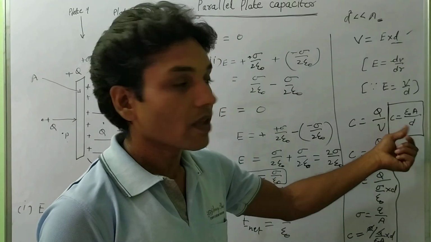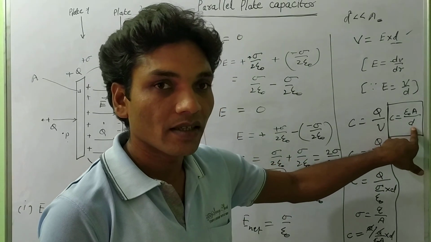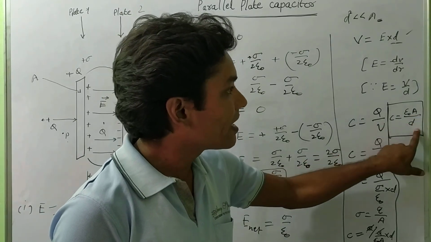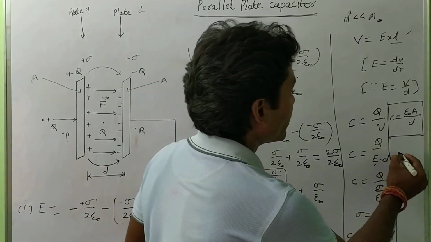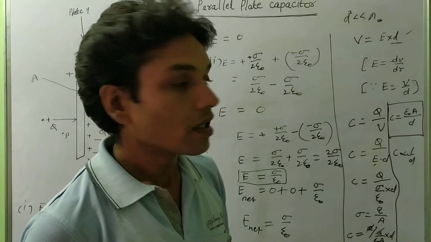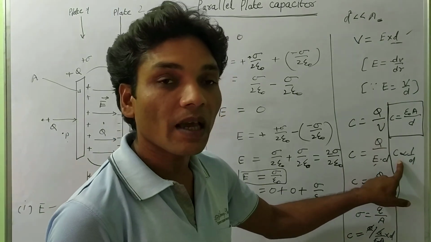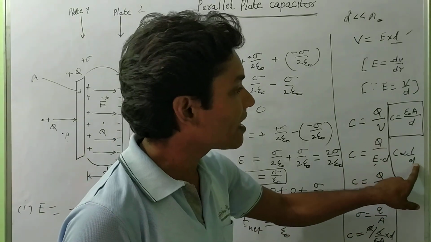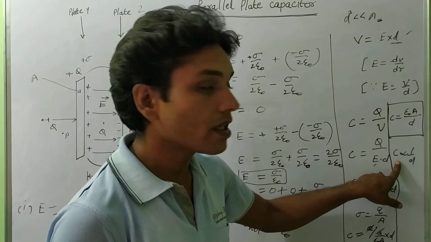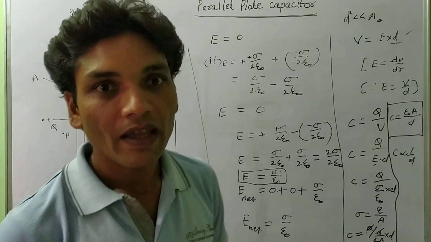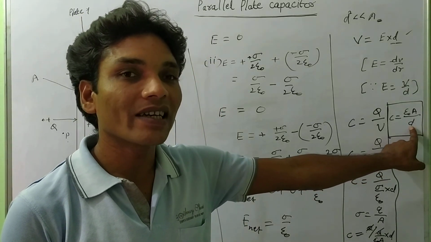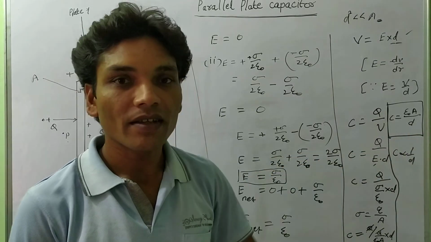Now if D is increased, because C is inversely proportional to D, the capacitance will decrease. This is the expression of capacitance of a parallel plate capacitor. Okay, thanks.